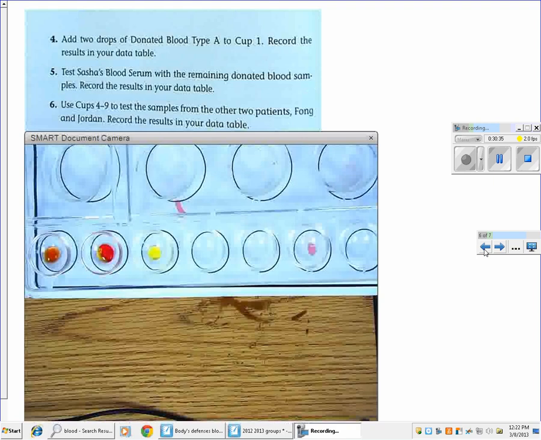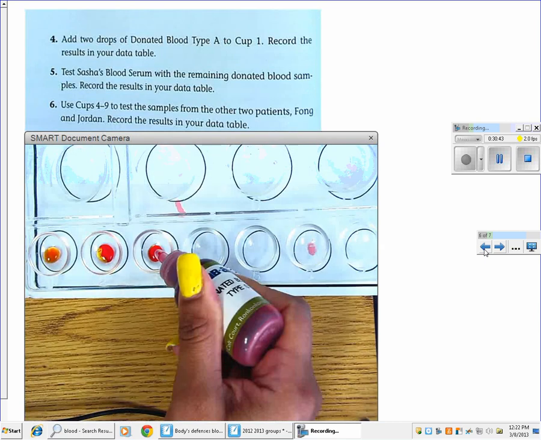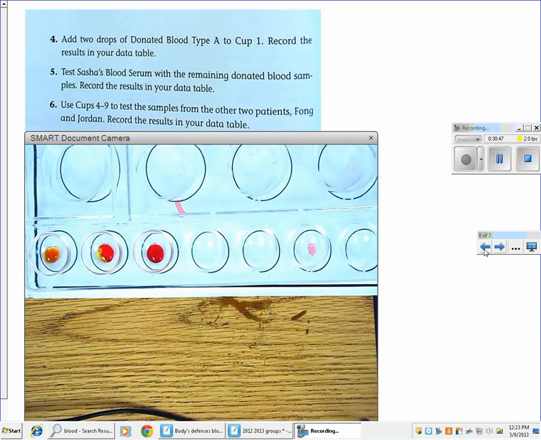And now we're going to do blood type O. Record your data.